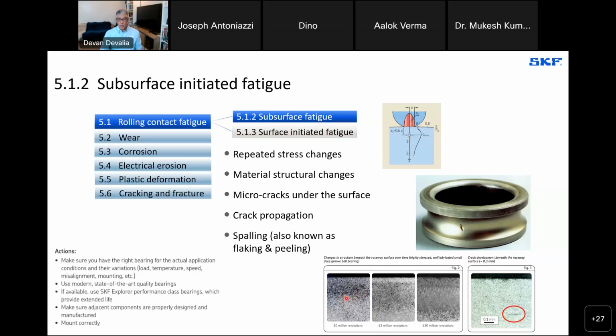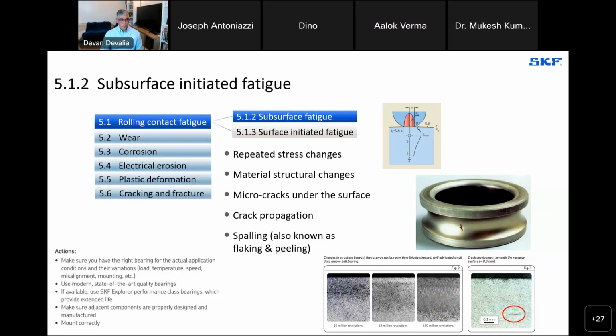So depending on the load, the temperature, the number of cycles, so the speed, over a period of time, there's a buildup of residual stresses, and this causes the material to change from randomly oriented grain structure to fracture planes. And these planes are called so-called subsurface microcracks, and they develop under the surface and they work themselves up and blow out. And so we end up getting spalling and cracking blown out from inside the bearing and coming up.